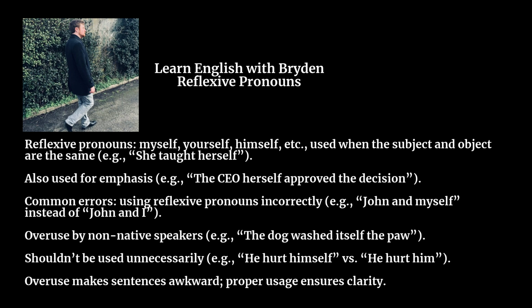Similarly, reflexive pronouns are sometimes misused in sentences like "Please contact myself if you have questions," which should be "Please contact me." These errors often arise because reflexive pronouns are mistakenly perceived as more polite or professional.